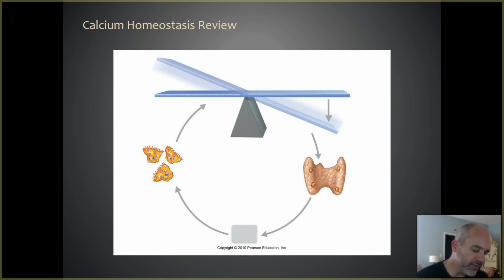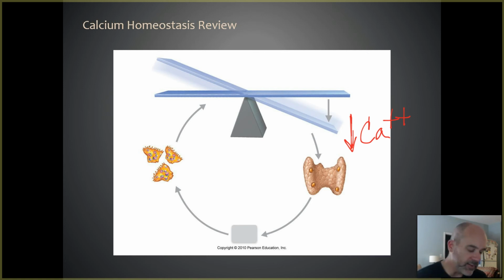So what happens is if calcium ion levels have dropped, and calcium ions are sometimes written as a Ca with 2 pluses. That's because it has a double positive charge. It's actually lost 2 electrons compared to a neutral calcium atom. That's why it's written that way, in case you were wondering.